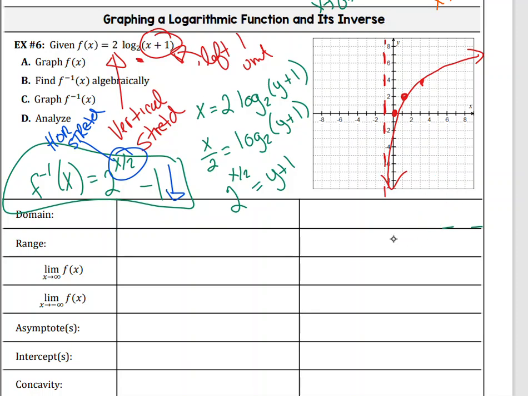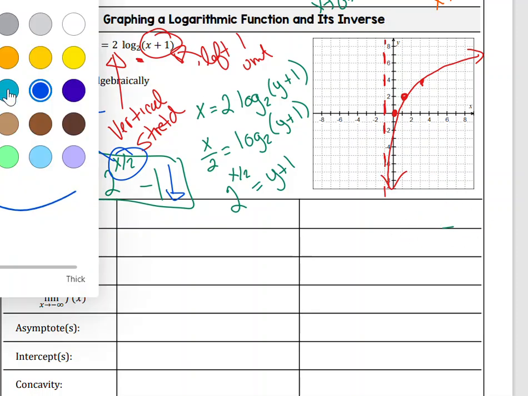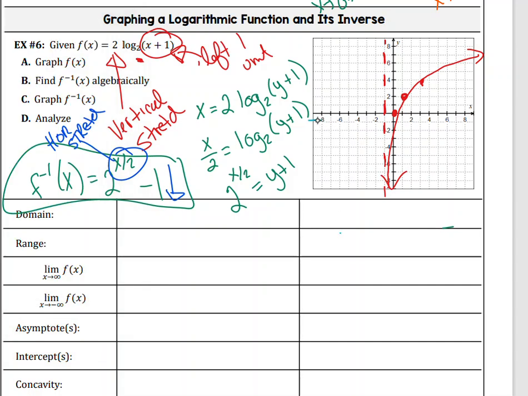So when I go to do this, I'm going to move that asymptote down. I'm going to move that asymptote to -1. That anchor point that's usually at 1, 0 is now at 0, 1. Notice how it stayed the same because they're inverses.